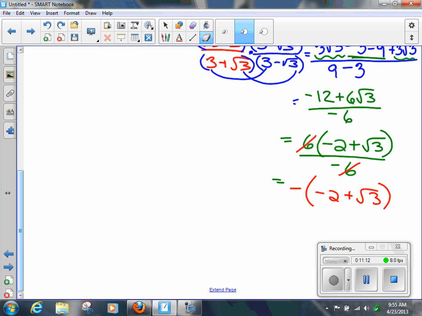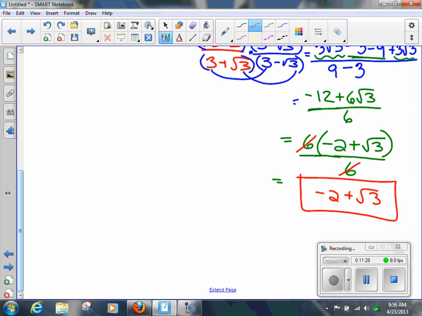That's not negative 6. Y'all see where I made my mistake? So my answer is negative 2 plus root 3. Okay? Does that make sense? You have to be able to do that. Questions at all? That's 3.